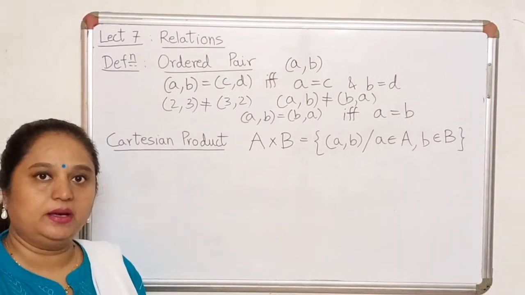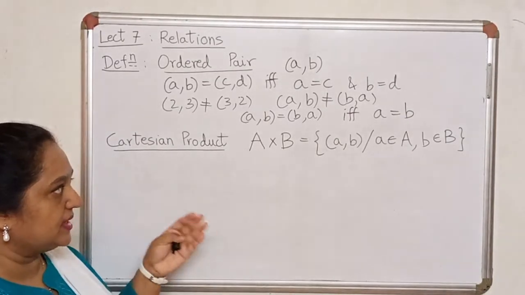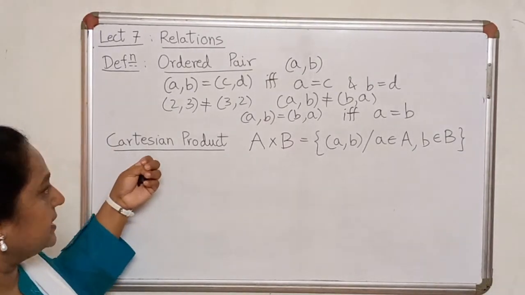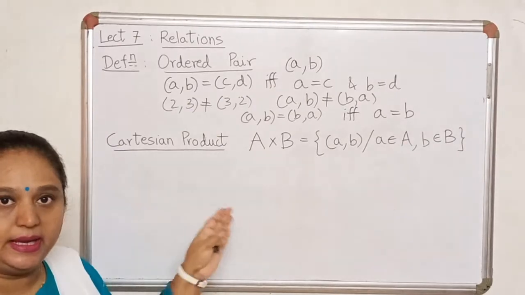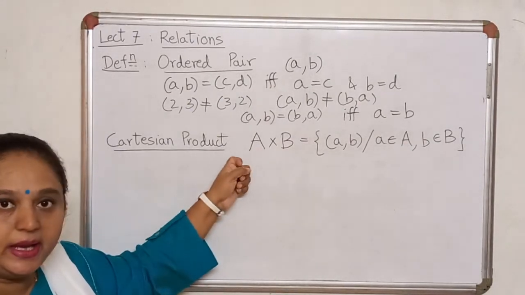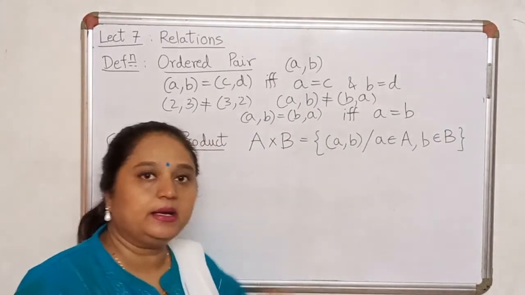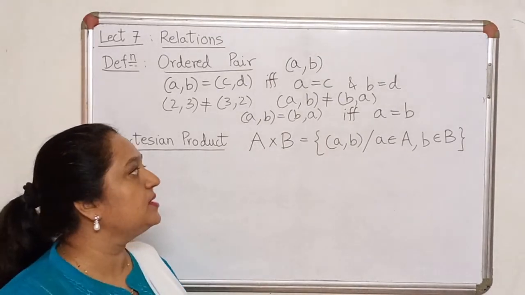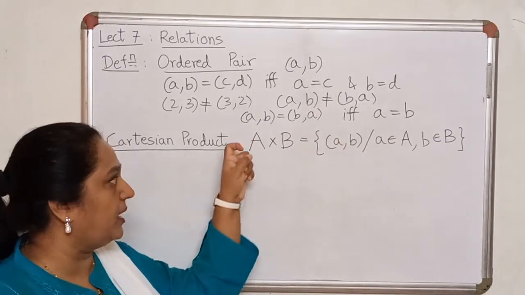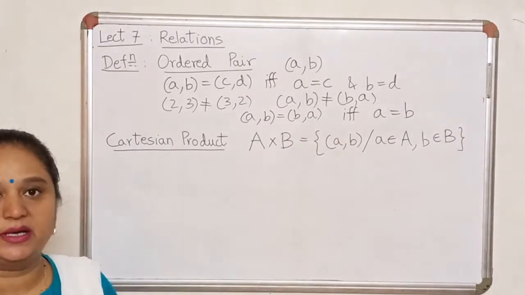With this idea in mind, we'll now move on to the Cartesian product of two sets because that's the next important idea in defining a relation. So let's start with two sets, capital A, capital B. Their Cartesian product is denoted by A cross B. A cross B is again a set and it contains all possible ordered pairs where the first element comes from the first set, second element comes from the second set.